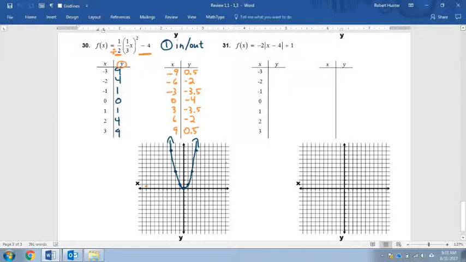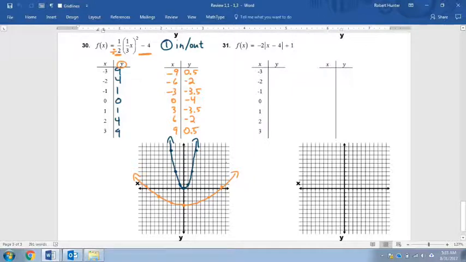Negative 3, negative 3.5. Is that right? Yeah. And 0, negative 4. 1, 2, 3, 4, 5, 6. It's negative 2, and 9 is 0.5. So this one is a nice, slow, sweeping arc. That looks like a big smiley face.